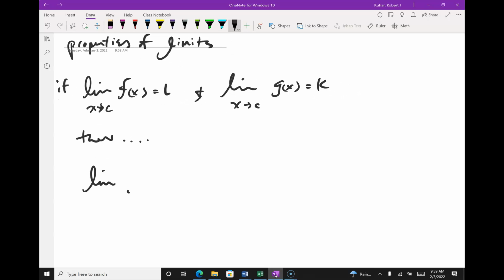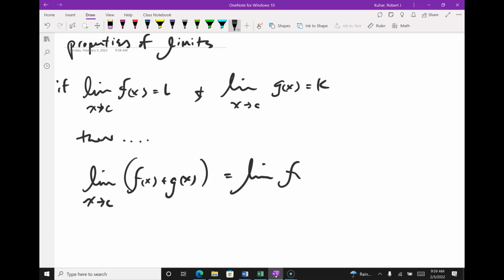The limit of f of x plus g of x as x goes to c is the limit of f of x plus the limit of g of x, again as x goes to c. Equals L plus k.